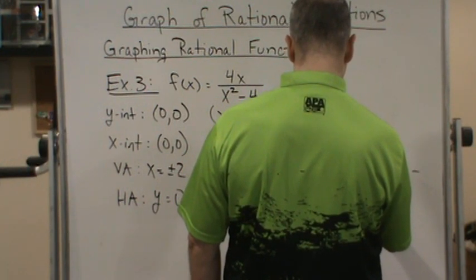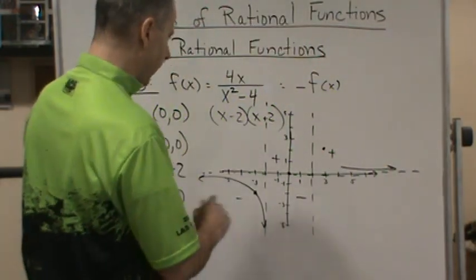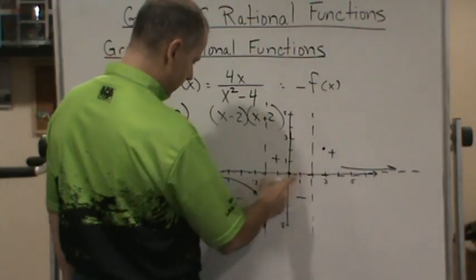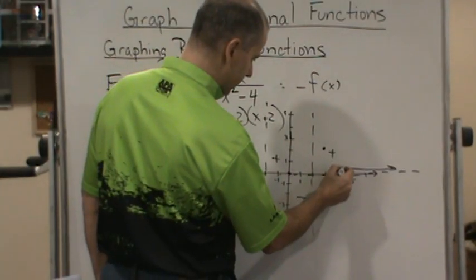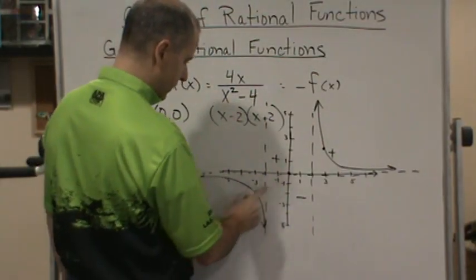So 2 and 2 fifths. And since it's symmetric about the origin, this is going to do this. Look at that. So this and this.